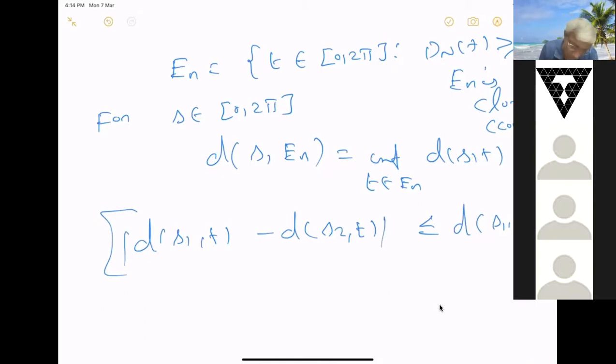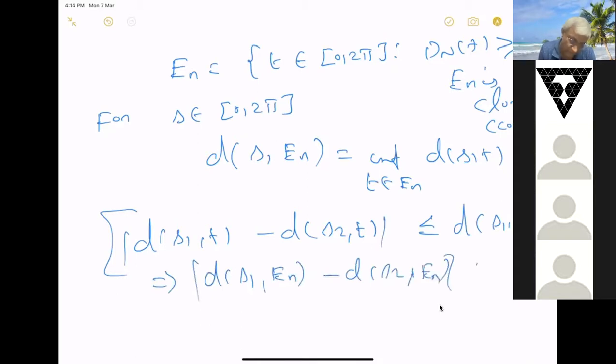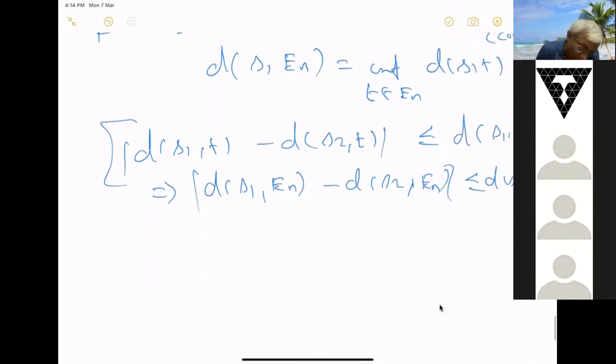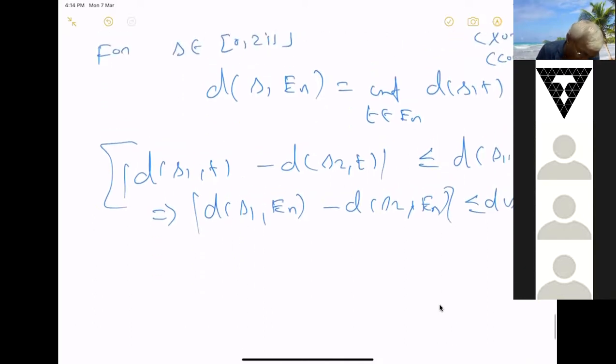This is symmetric, so you can put a mod here. You just check this: d(s1, E_n) minus d(s2, E_n). If you take the mod, this is less than or equal to d(s1, s2). So this will imply that this is a uniformly continuous function. The d is a uniformly continuous function.